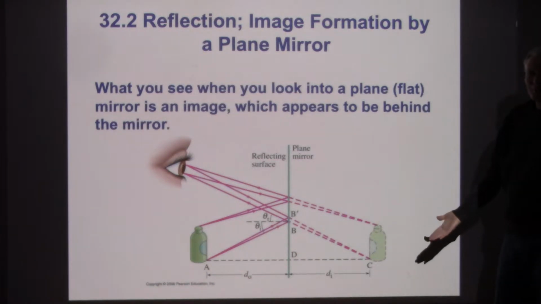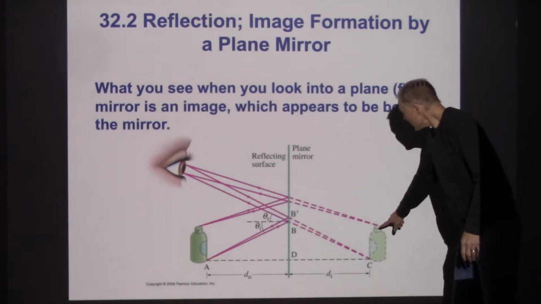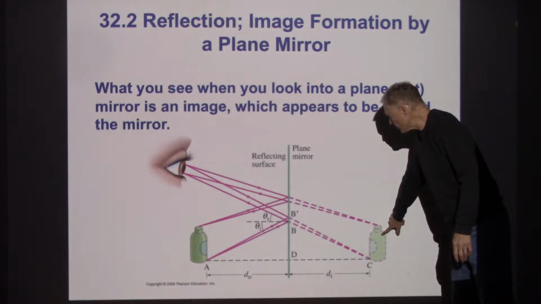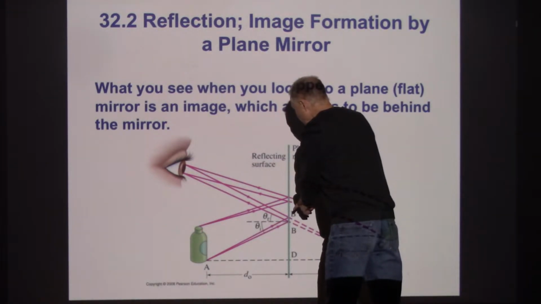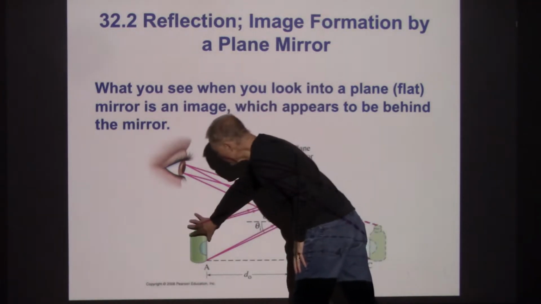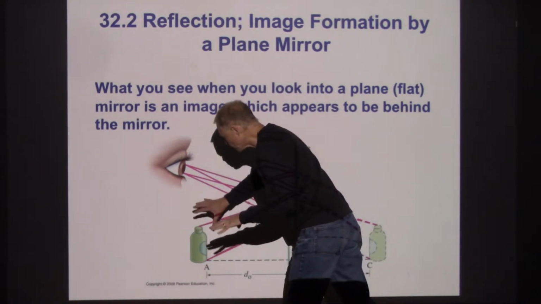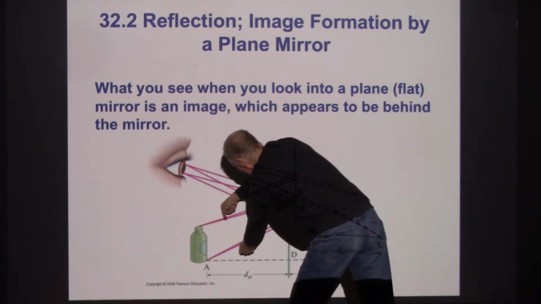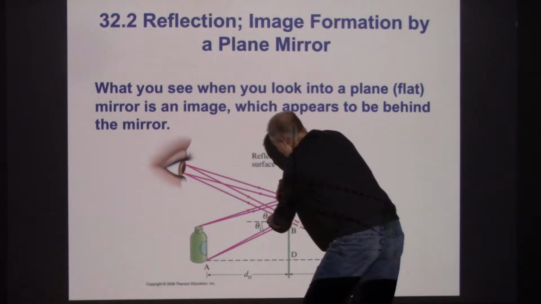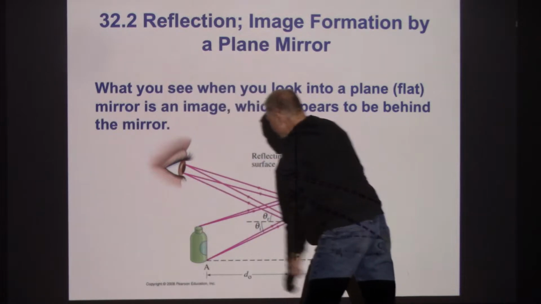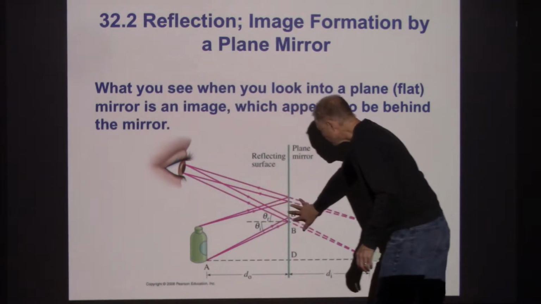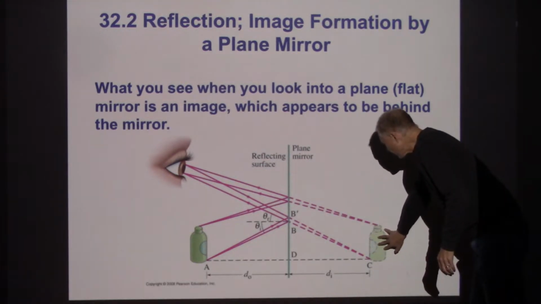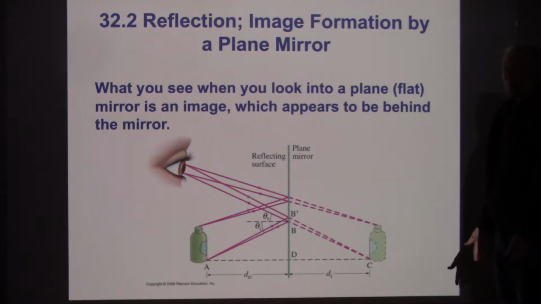that isn't really there, right? What the image represents is the effect of the reflected light. So here is the object itself, the actual object, and light comes off this object, reflects off the mirror, so that the light coming into my eye appears to be coming from this location, and so we experience that as an image.